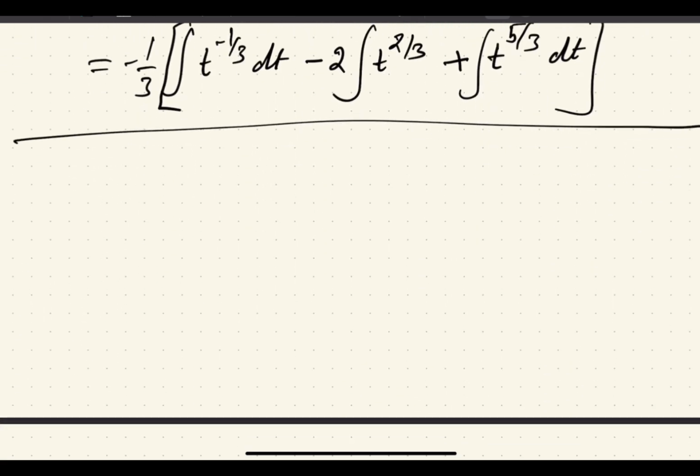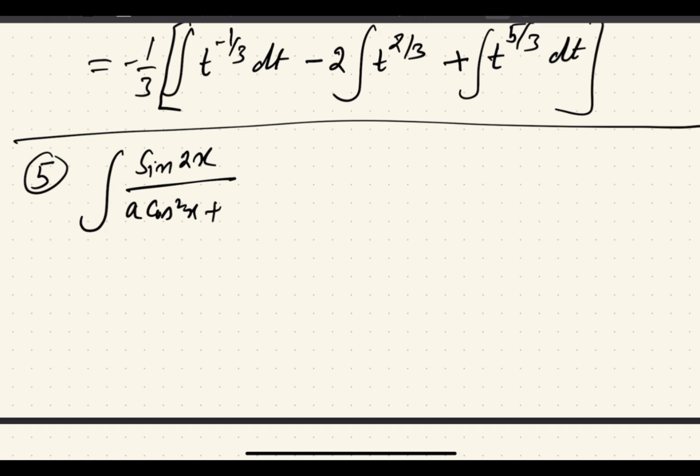Now fifth. Okay, the fifth question, you have sine 2x over a cosine square x plus b sine square x. I already mentioned above. Because angles are not same, we will make first angle the same.